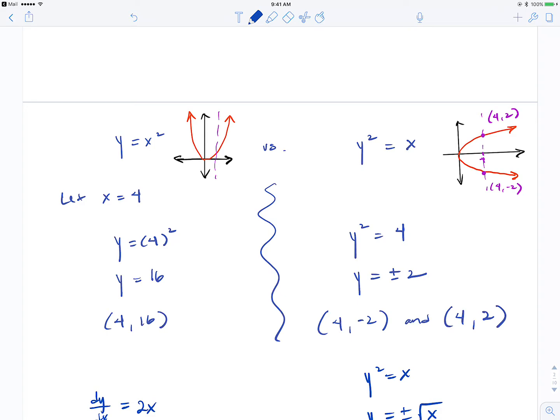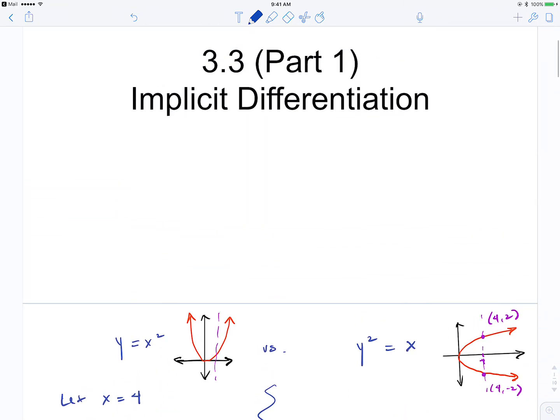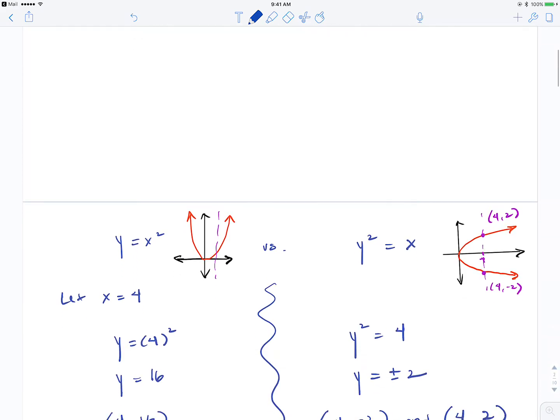So left side function, right side not a function, which makes finding the derivative of the equation that does not represent a function a little tricky. So to actually find the derivative of the equation on the right-hand side, y squared equals x, we have to use what we call implicit differentiation.